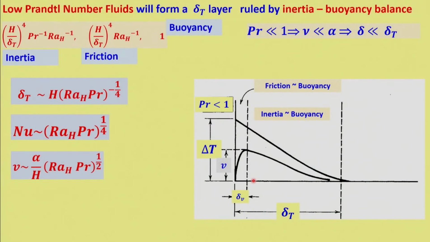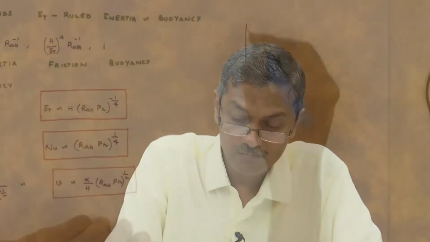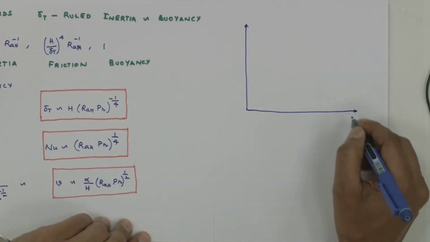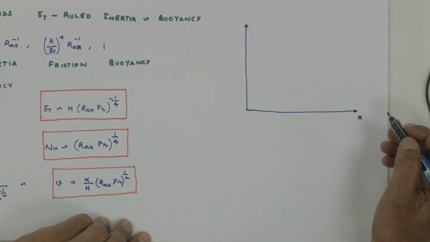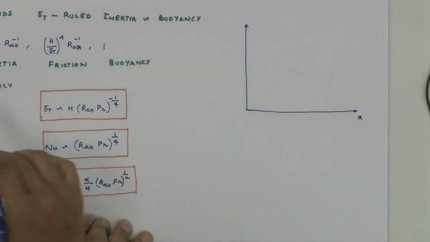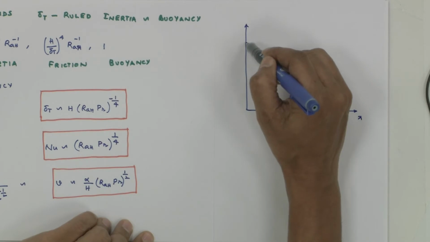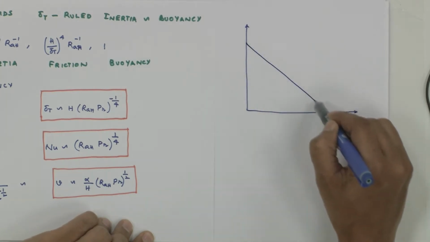Now, let us see how we can plot the temperature and the velocity. So, let us plot. The vertical axis is either delta t or velocity, and this is x. Now, we started with inertia to buoyancy. So, as long as buoyancy is there, that long inertia is there. So, you have the temperature gradient as something like this.